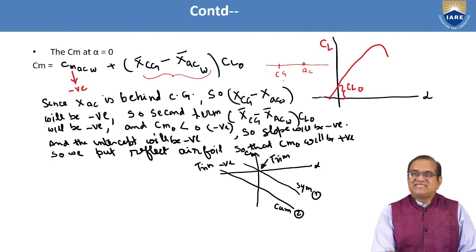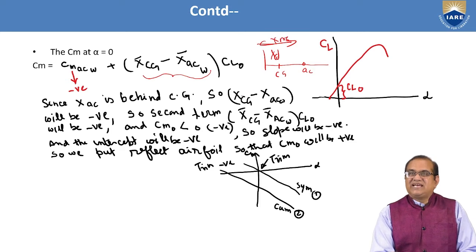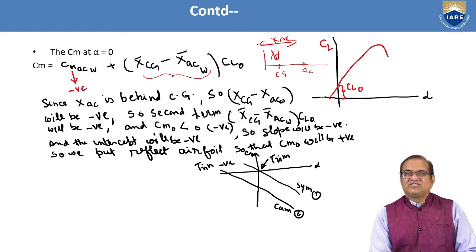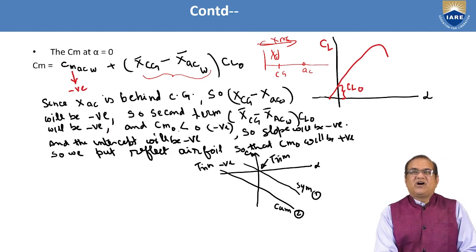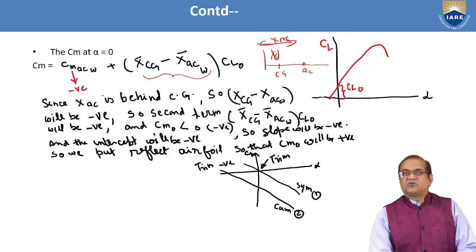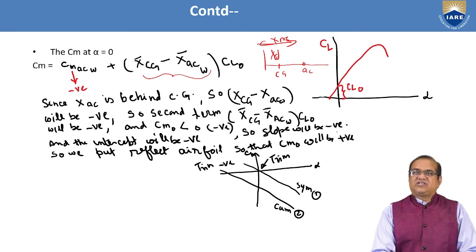So this is the XCG and this is the XAC. So XCG minus XAC will be negative. So in the second term, XCG minus XAC times CL0 will be negative and Cm naught will also be negative. So slope will be negative and the intercept will also be negative.